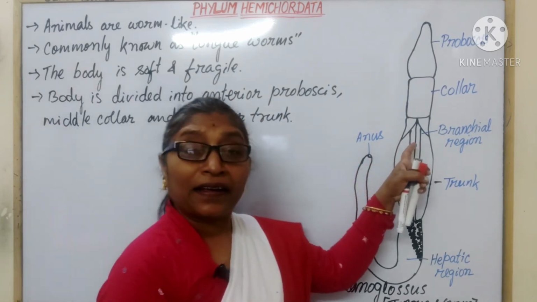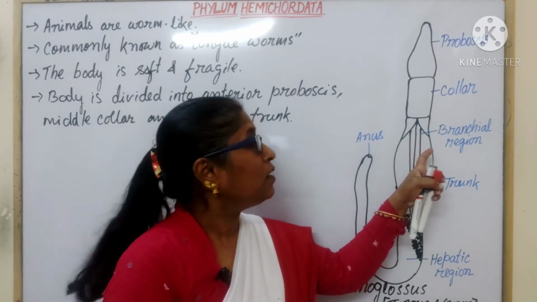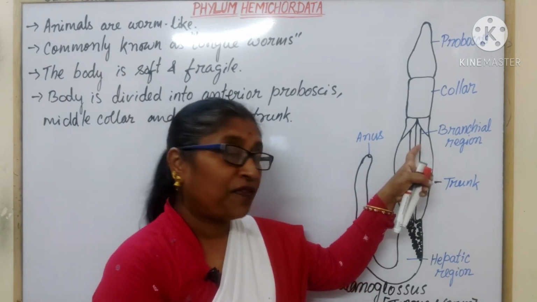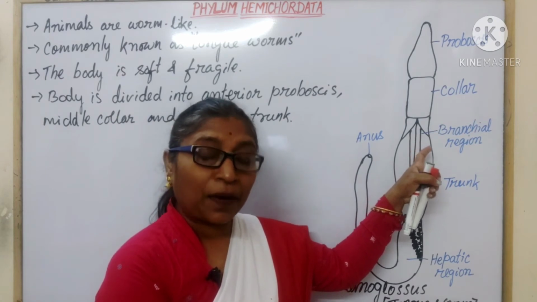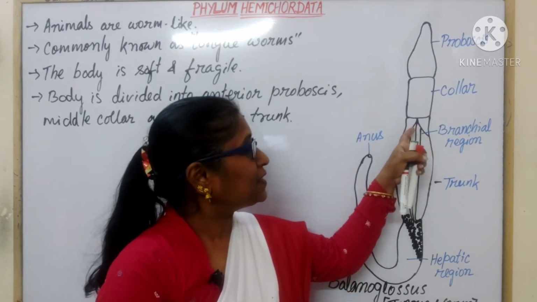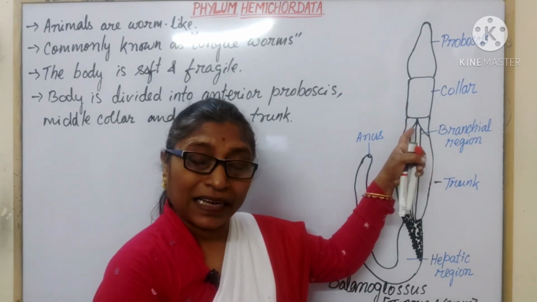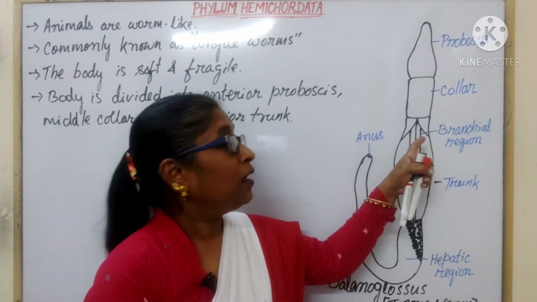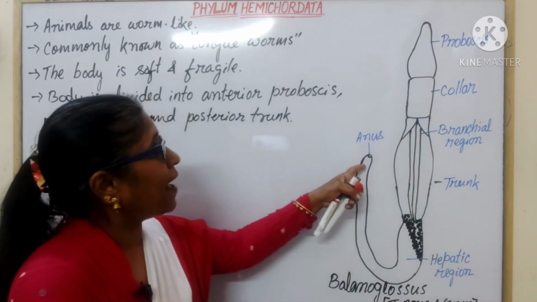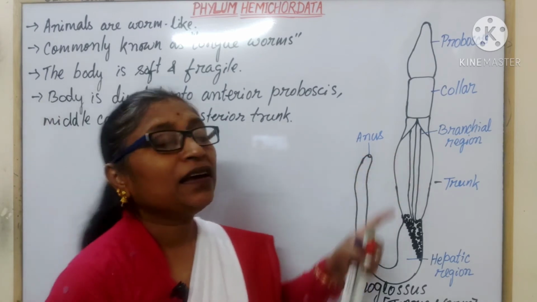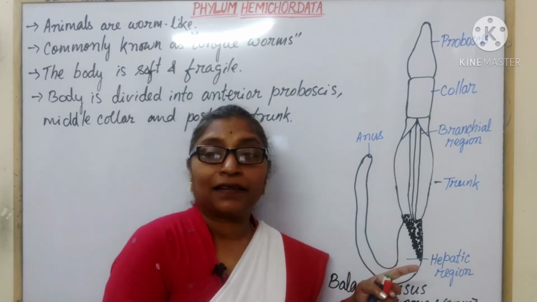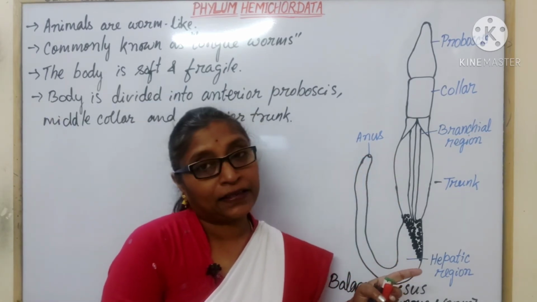See, here is the branchial region. Branchial region means where the gills are present, the pharyngeal gill slits. This is the anus, and these branchial or pharyngeal gill slits are chordata characteristics.